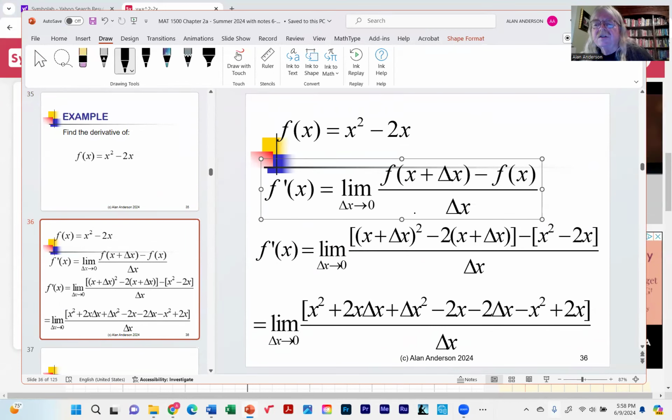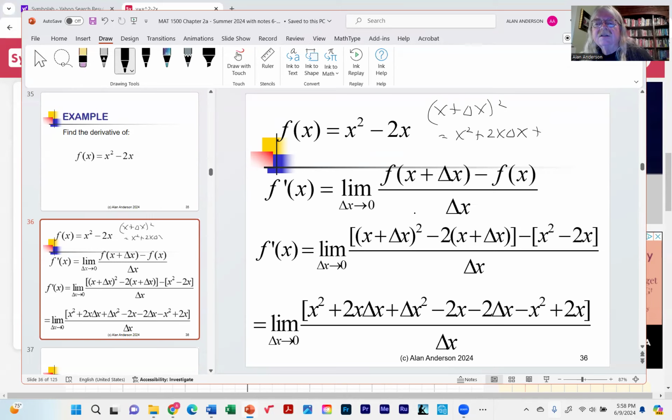The second term is just the original function. Now of course we're going to apply FOIL to this term. If you do that, you'll see it turns out to be x squared plus 2x delta x plus delta x squared. And you'll see that right here.